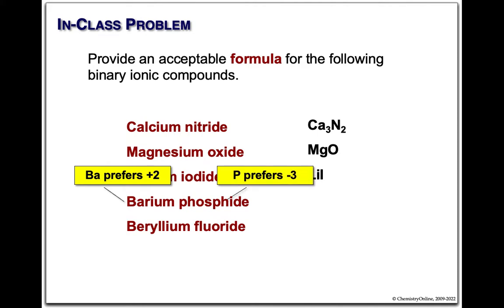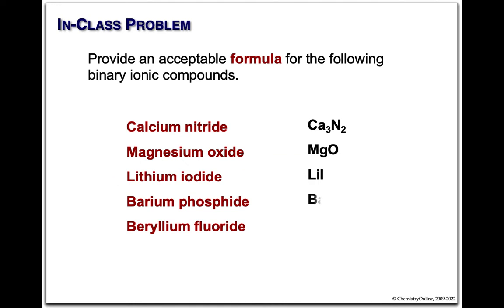Three bariums for every 2 phosphorus. Isn't that handy? It's kind of handy. Beryllium fluoride, beryllium at group 2, +2, fluoride is group 7, -1, 2 fluorines for every beryllium.